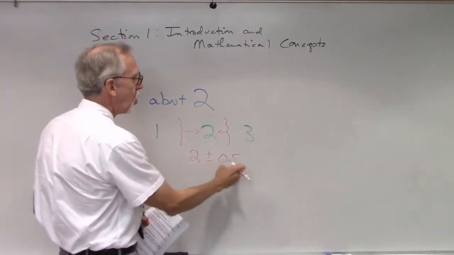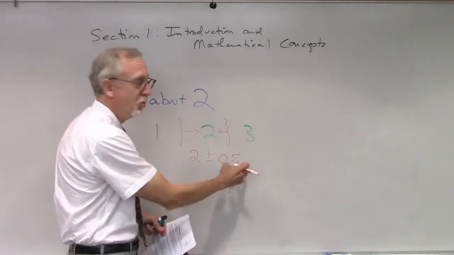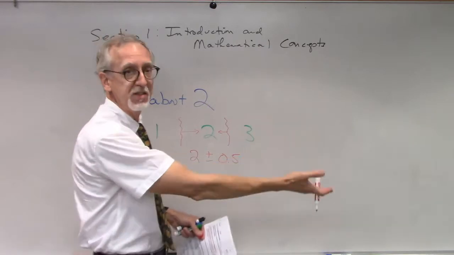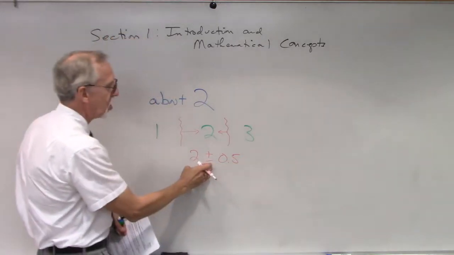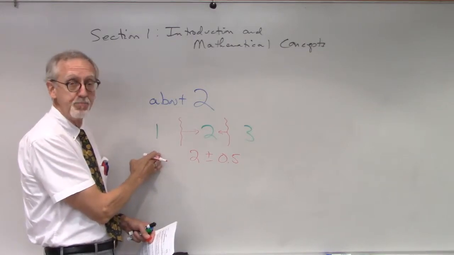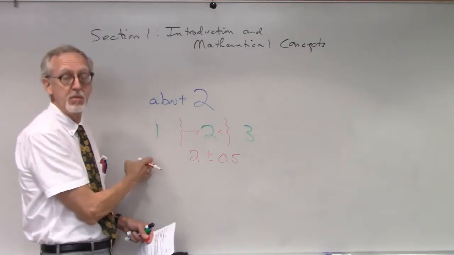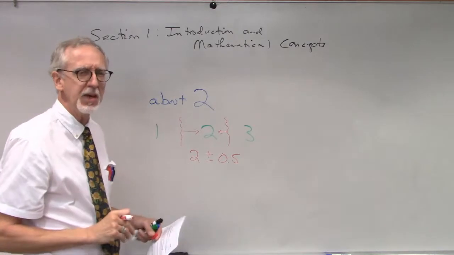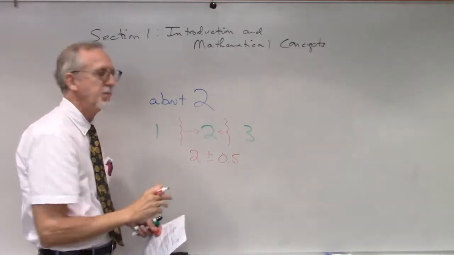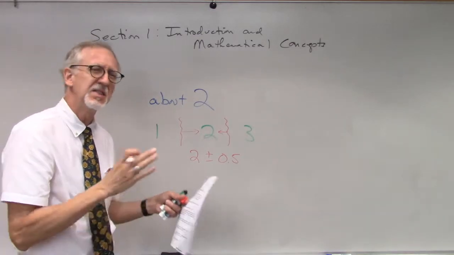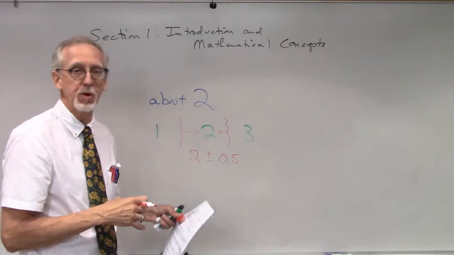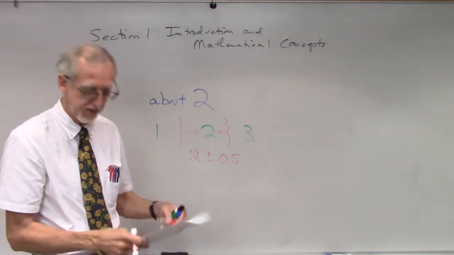If it was more than 0.5 larger than 2, hopefully that's closer to 3. Hopefully we would have said, oh, well, that's 3 meters. If it's more than 0.5 less than 2, that would have been closer to 1. So hopefully we would have said, oh, that's 1 meter long. So roughly speaking, when we say 2, we mean about 2, and we're talking about something that is approximately somewhere in between 2 plus 0.5 and 2 minus 0.5. In other words, 2 plus or minus 0.5.